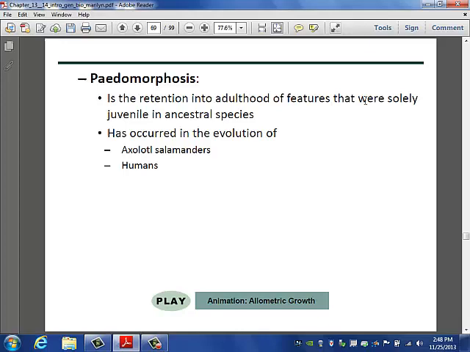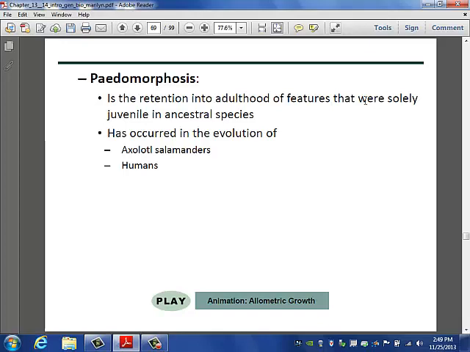So, how do we pronounce that word? Yep. It is the retention into adulthood of features that were solely juvenile in ancestral species. When I think of embryology and I think of gills, you had them during your embryonic development, right?